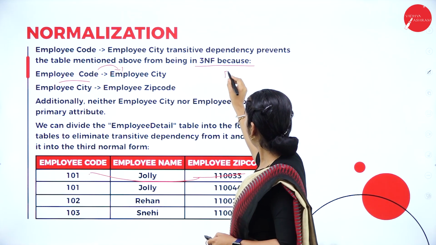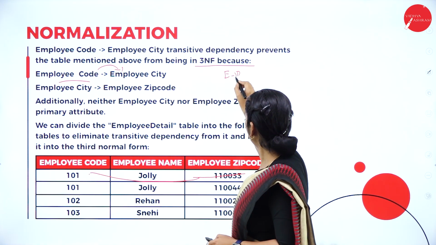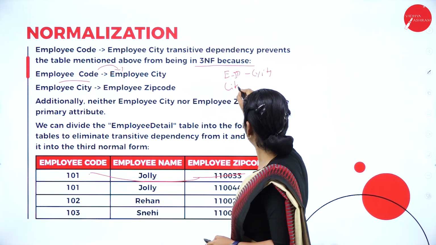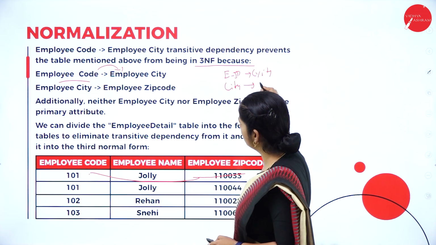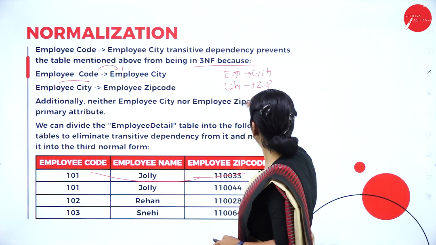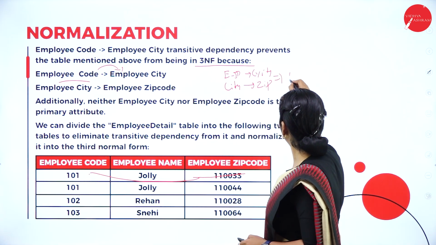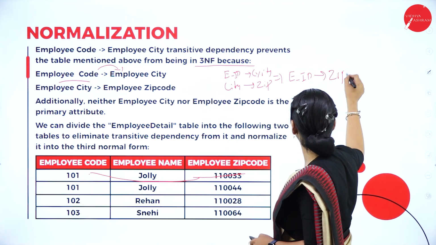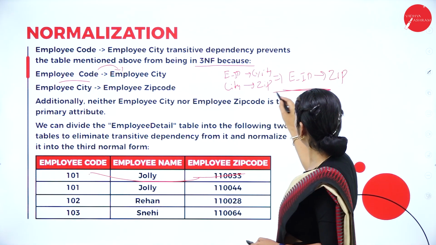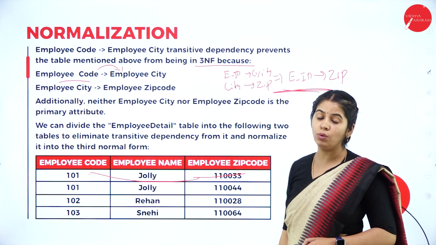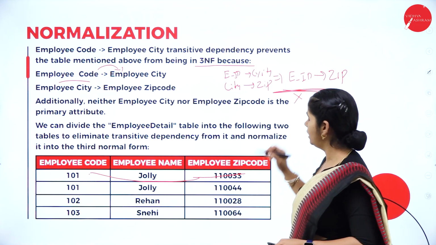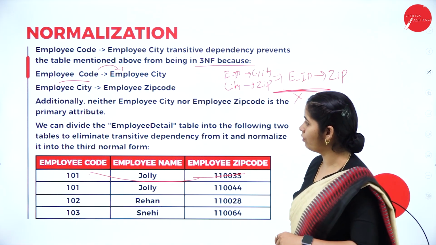That is, employee ID determines city and city determines zip. So in turn, employee ID determines zip. This is a transitive dependency. If it is there, the table is not in 3NF.